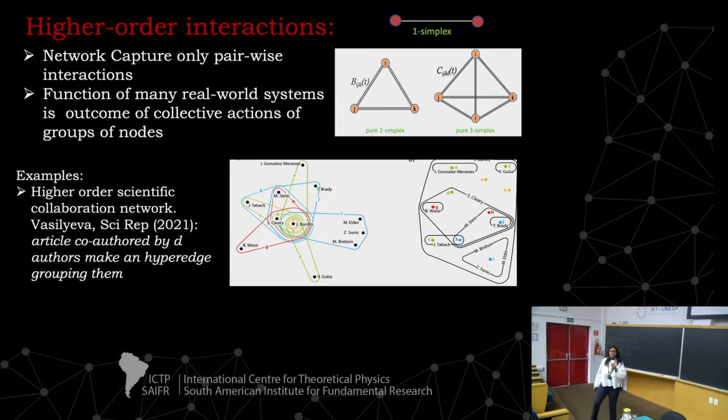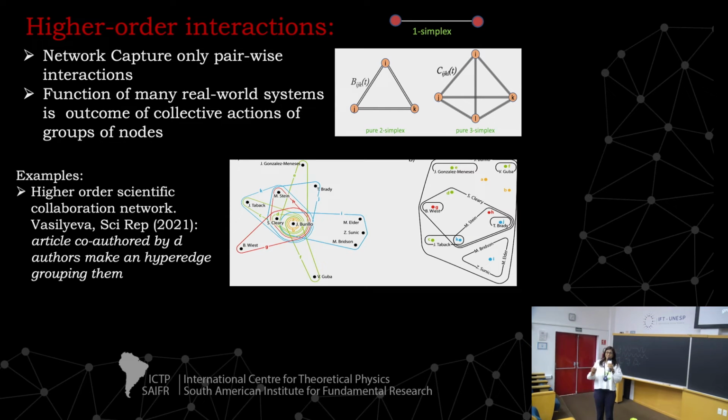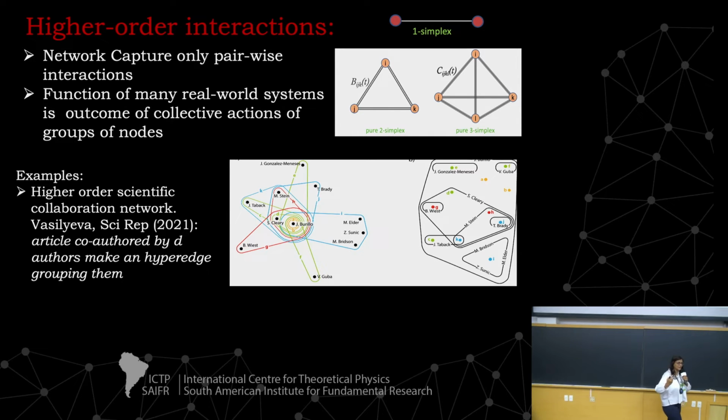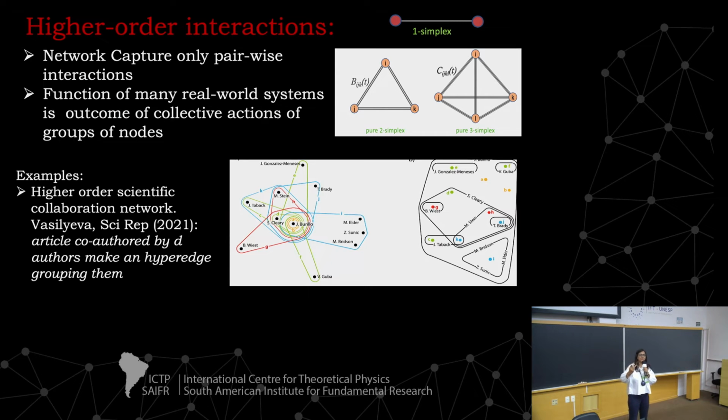One example which is very easy to understand is a social one, co-authorship networks. Suppose you want to create a graph of co-authorship. Authors are the nodes, and if two authors have written a paper together, you put a link. That's the way you construct a co-authorship graph.